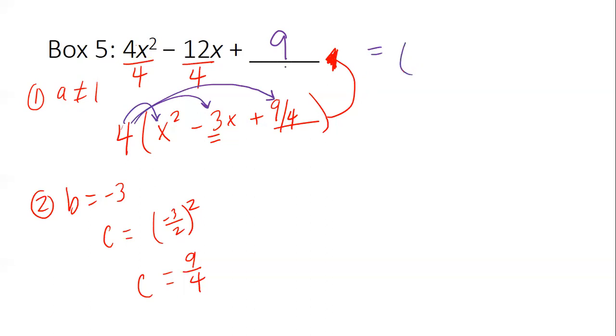So our perfect square trinomial, all you're doing is taking the square root of the first term, square root of the last term. And that gives us 2x minus 3 squared. You got to divide by the A completely. Yeah. A needs to be 1 in order for perfect square trinomials to work.